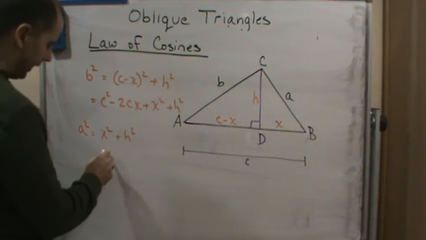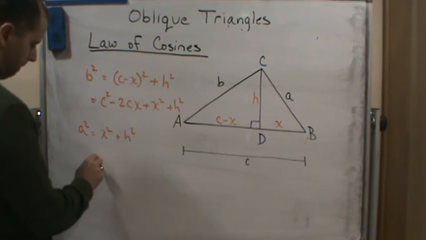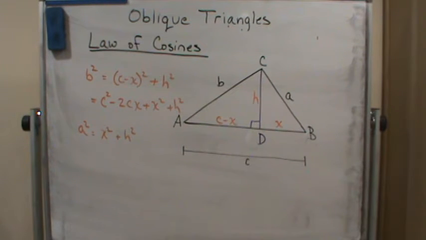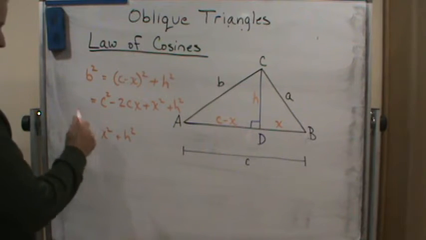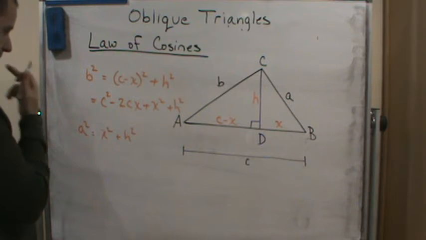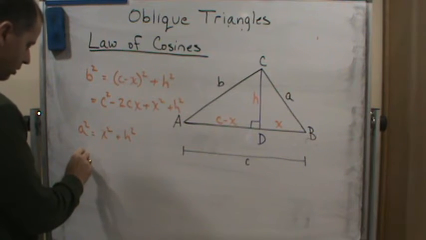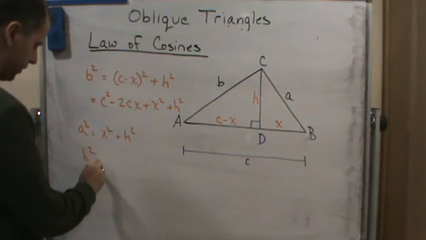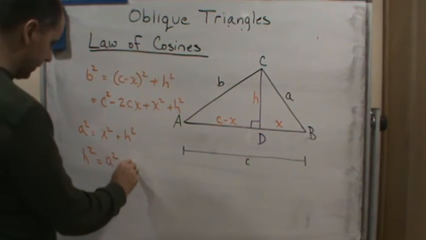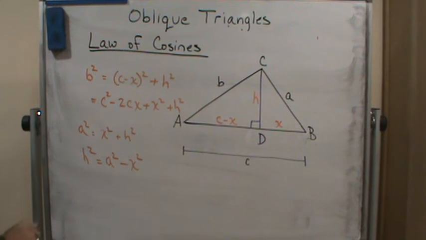Well, if we solve for h squared, h squared is going to equal a squared minus x squared.